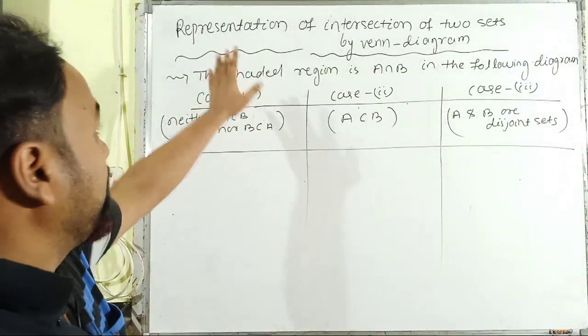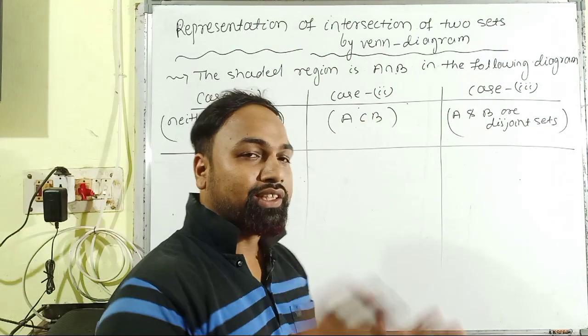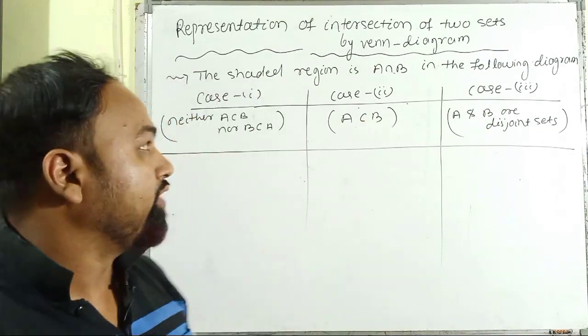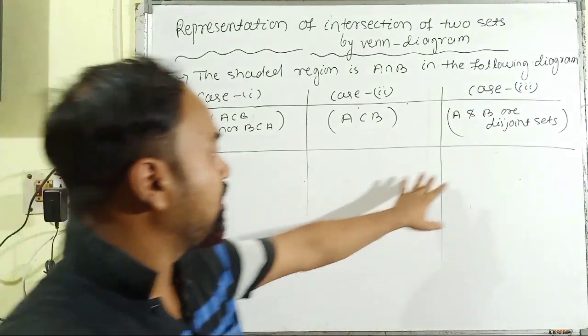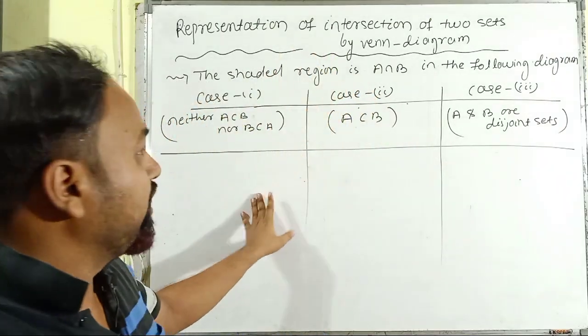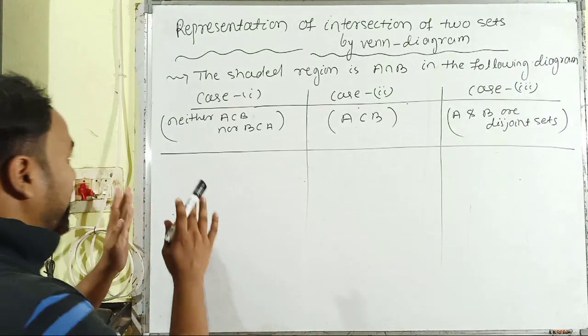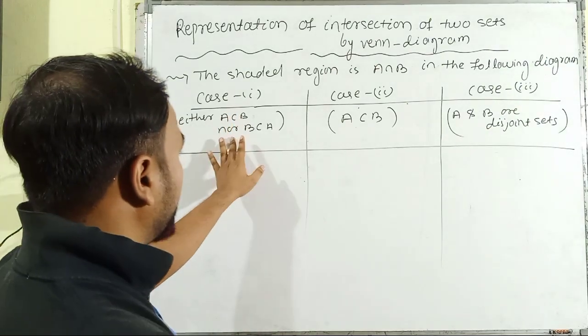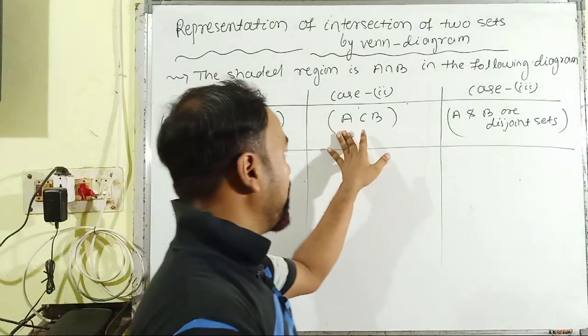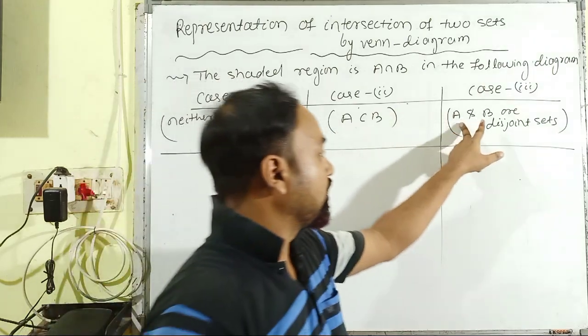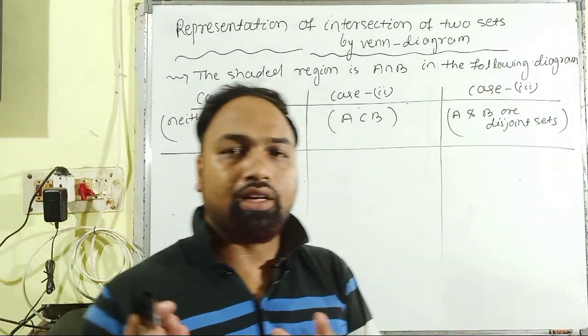Moving towards the representation of intersection of two sets A and B in the Venn diagram method, I have categorized A intersection B into three sections. The first one is neither A subset of B nor B subset of A. The second one is A subset of B, and the third one is A and B are disjoint sets.